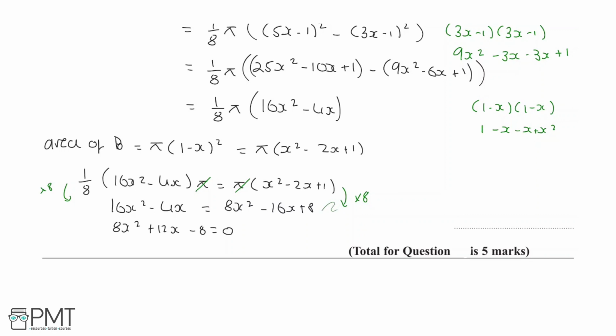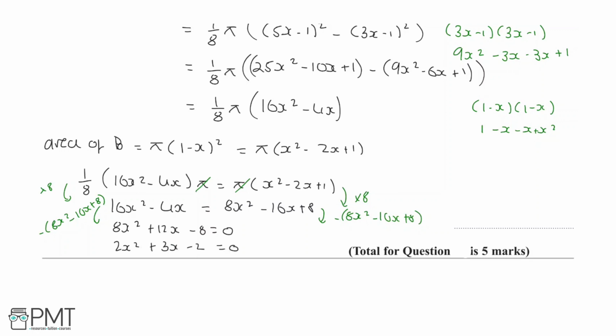And what we did to get to this side is from here we subtracted 8x squared minus 16x plus 8 from this side, and we also did the same thing on this side. We're going to divide through by 4 because that is the highest common factor of these numbers. So we have 2x squared plus 3x minus 2 equals 0.